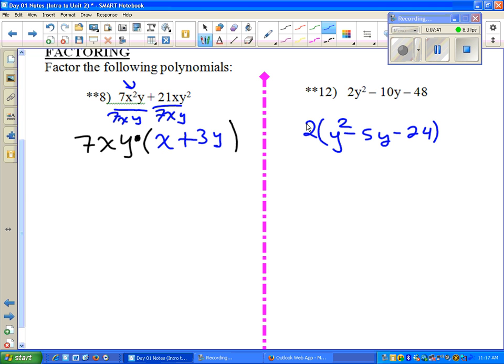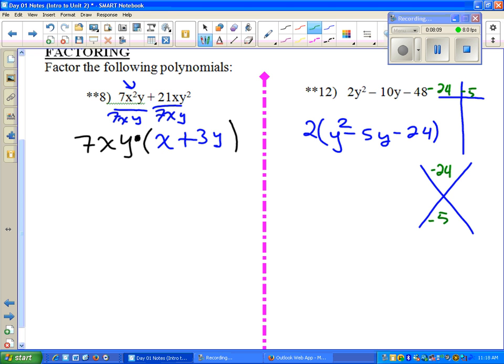And there's different ways you've been taught to do this. Some people have seen the big giant X. How many people have seen this? Okay. I like to make a table. Some people have seen that from me, I know. There's different ways of doing this. The question is, what multiplies to be negative 24 and adds to be negative 5?